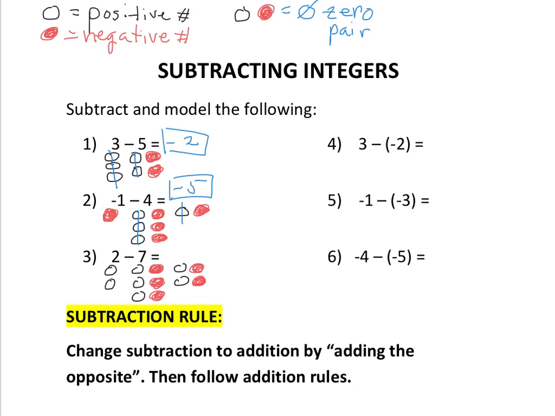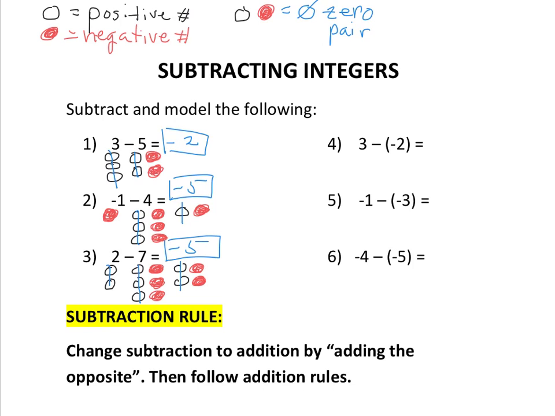So I had to add 1, 2, 3, 4, 5 0 pairs. Now I can take away the 7 positive numbers. So here's 1, 2, 3, 4, 5, 6, 7. Count what's left. I've got 1, 2, 3, 4, 5 negative numbers. So the value of 2 minus 7 is -5.